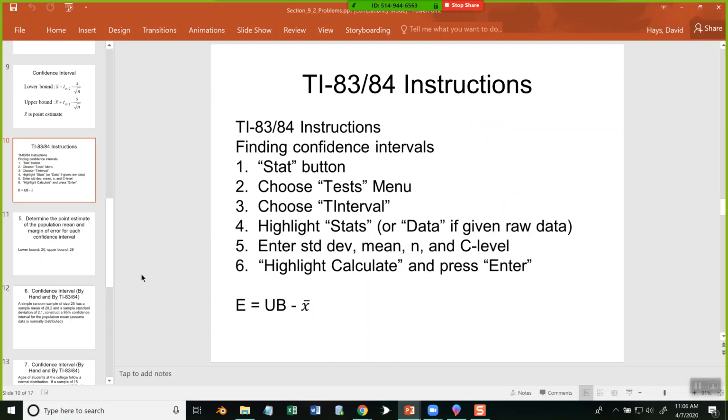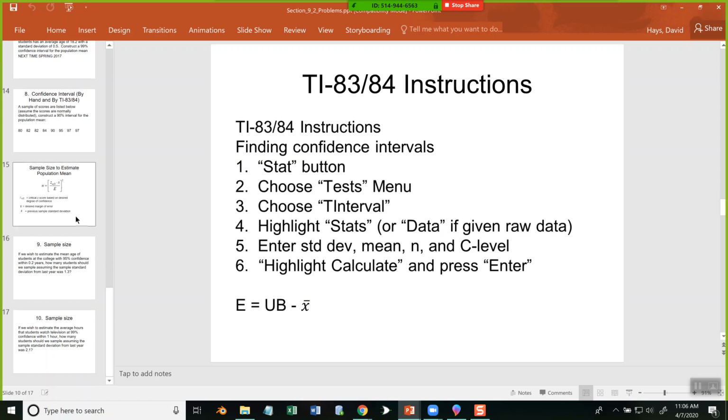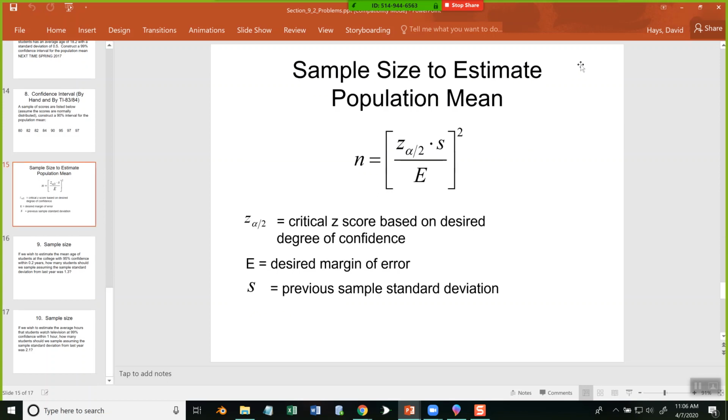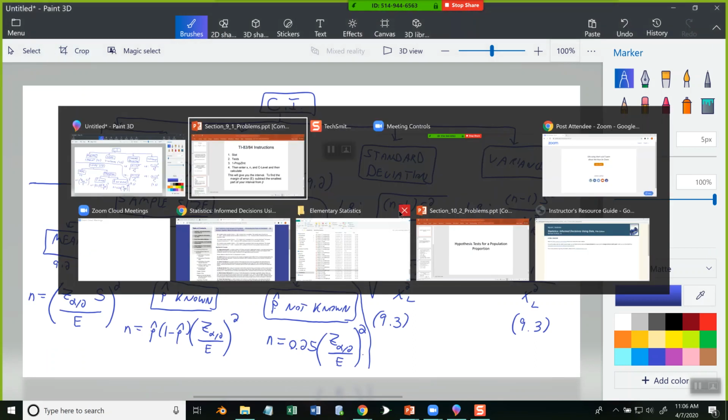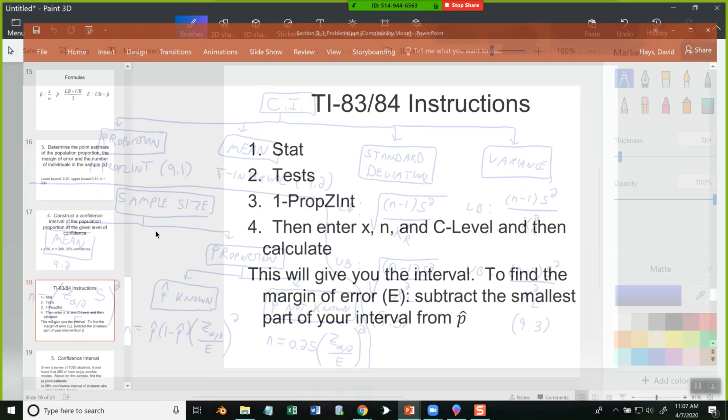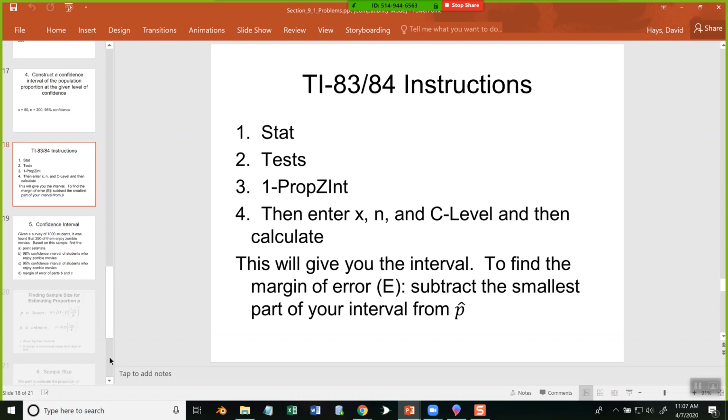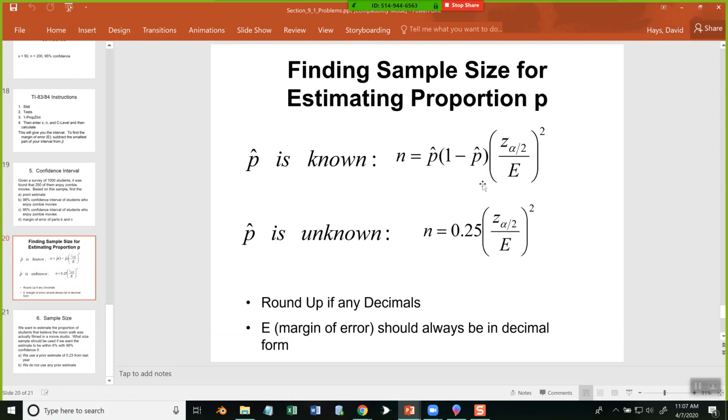Okay, let me verify that. Yeah, that's right.